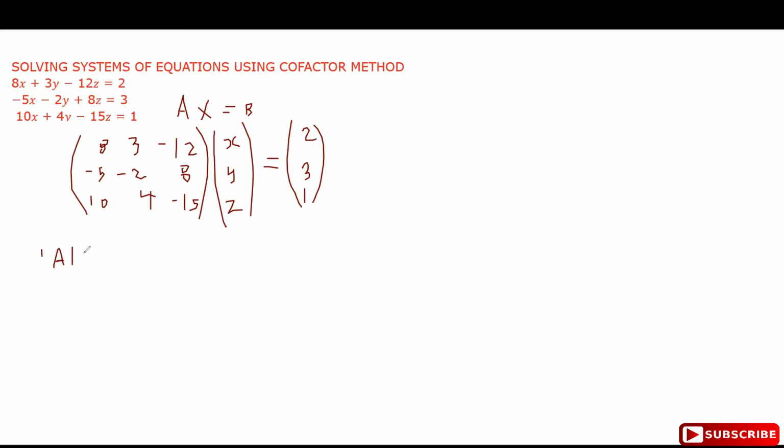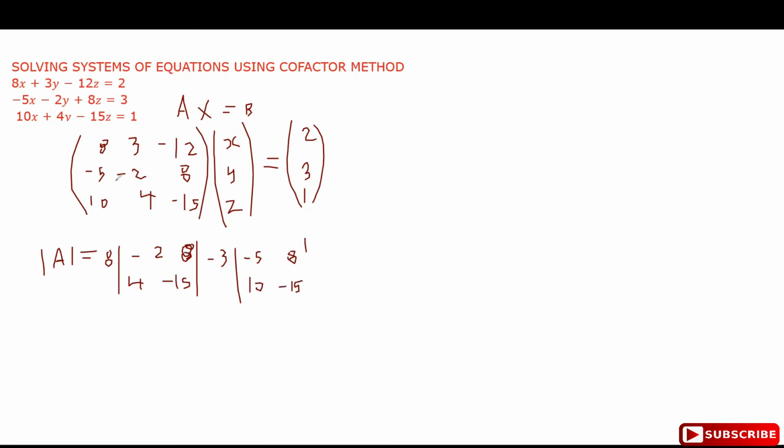The determinant of this matrix A is equal to 8 times, cross that, minus 2, 8, 4, minus 15, and then minus 3 times, cross that, minus 5, 8, 10, minus 15.